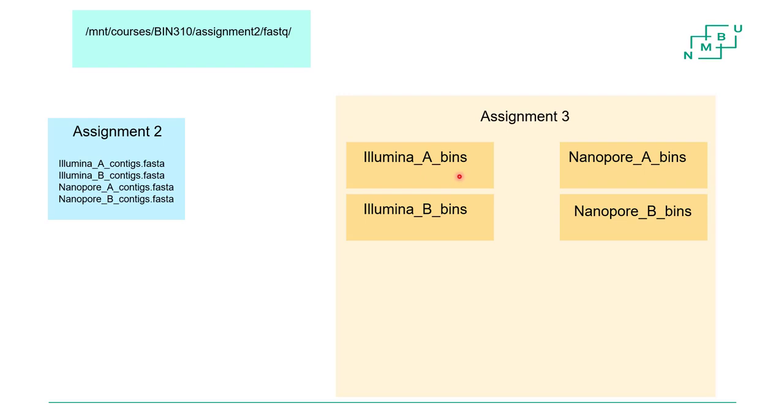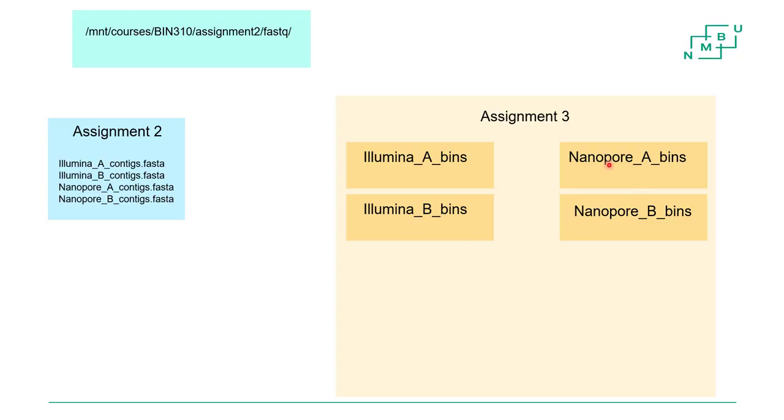So there are 4 columns. And then you do exactly the same here. You can use exactly the same script. You just change some names, right? Use the B sample reads against the B sample contigs here. But the rest is the same.